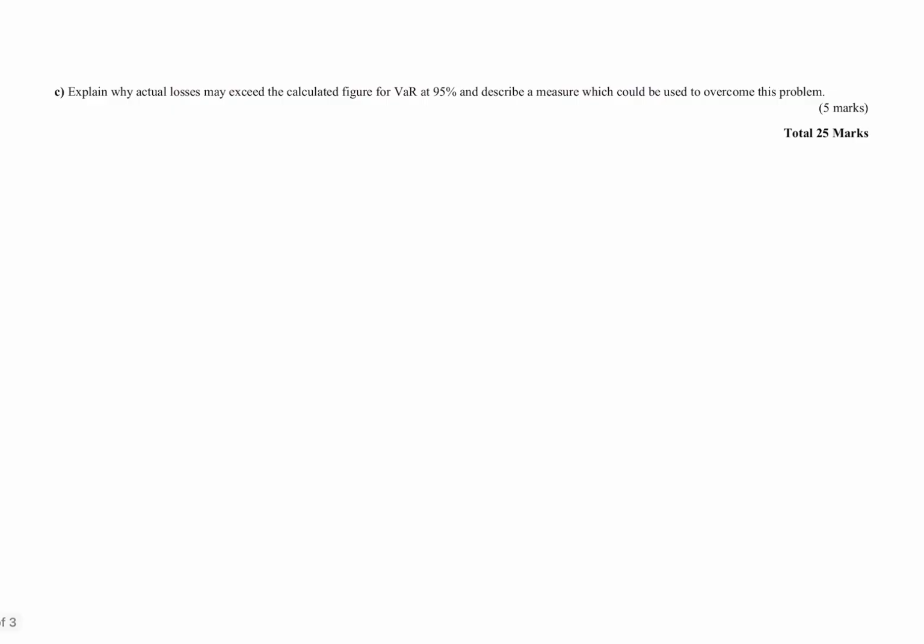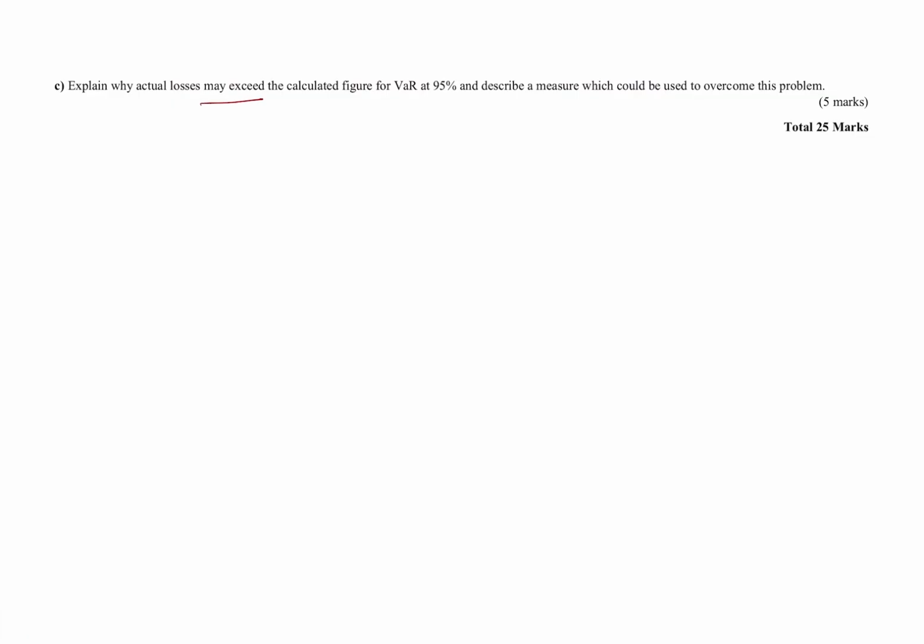Now the last question is asking, explain why the actual losses may exceed the figure of VaR 95%, which is 213,000 something, and describe the measure that could be used to overcome this position. The VaR that we calculated, we assume has a normal distribution.